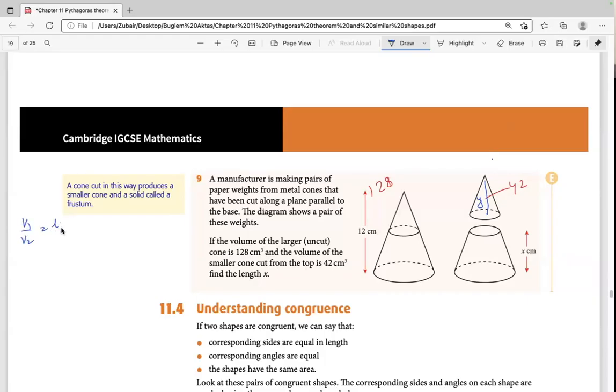V1 by V2 equals L1 by L2 whole cube. 42 by 128 is equal to y over 12 whole cube. So I'm working out for y. 42 divided by 128 into 12 cube, and cube root answer. This gives me 8.276. I'm writing 8.3.